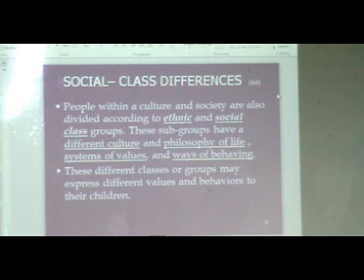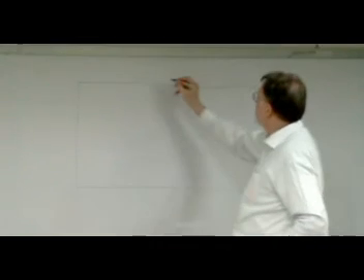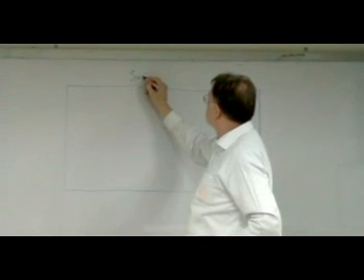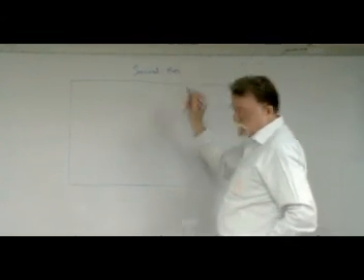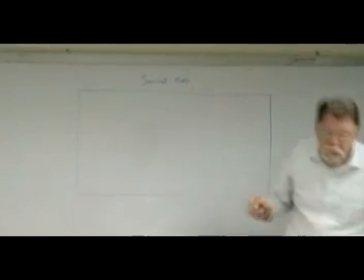Okay, so your chart will look like this. I want you to label the chart, social class differences.